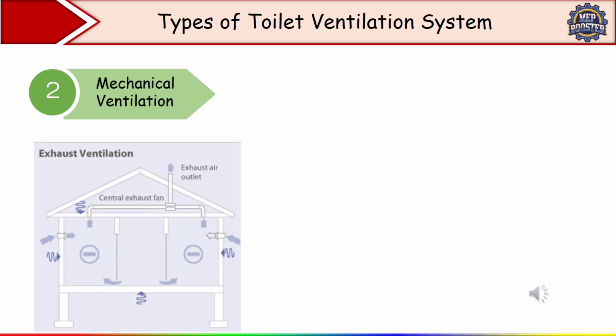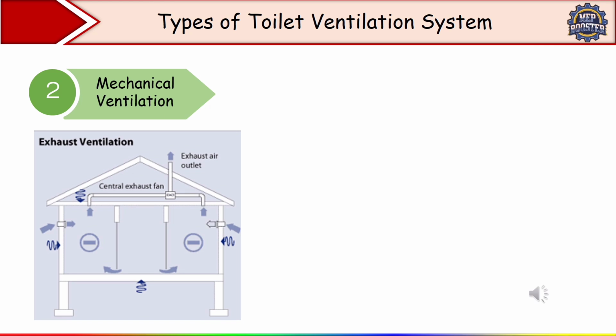Mechanical ventilation system. Okay, so what is mechanical ventilation system? Generally you can see in this image what happened here. Suppose you are doing the duct work in your toilet and you want to extract the bad odor from the toilet, so what happened here? We have to install the inline fan inside the duct.